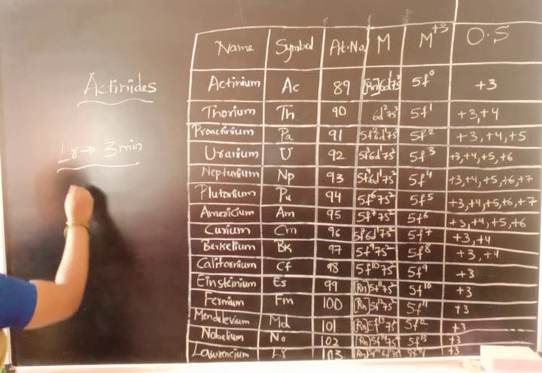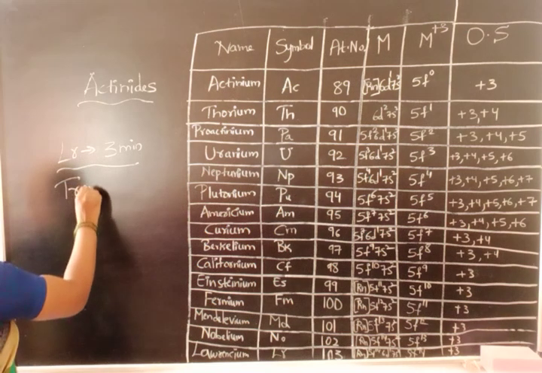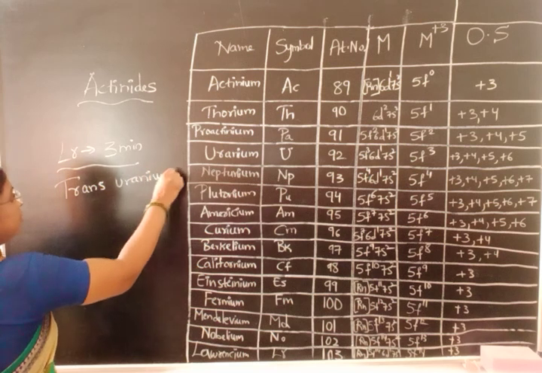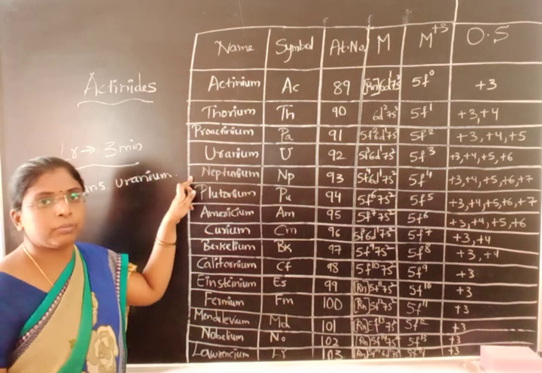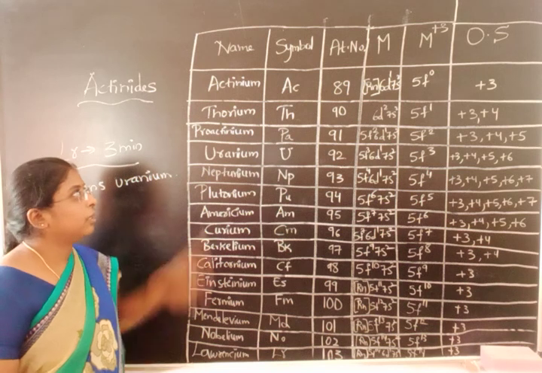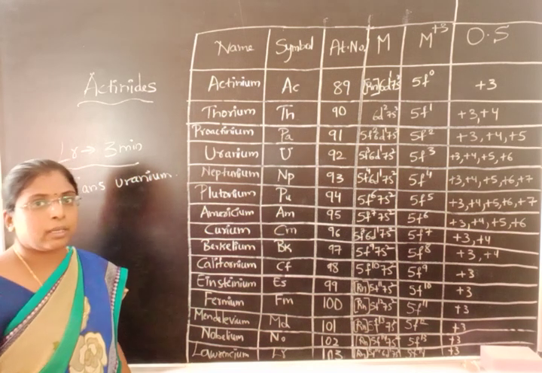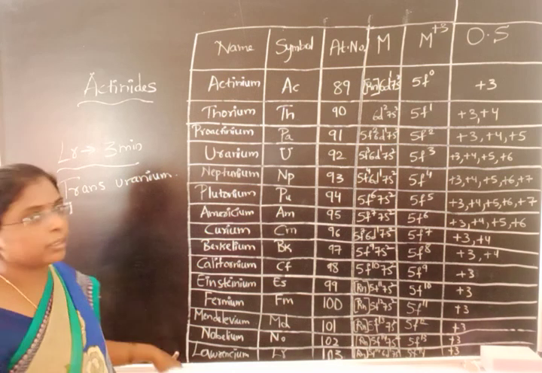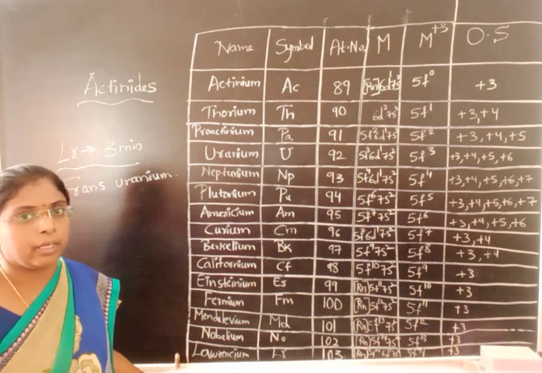The elements after uranium are known as transuranium elements, starting from neptunium to lawrencium. All these actinides are radioactive in nature.